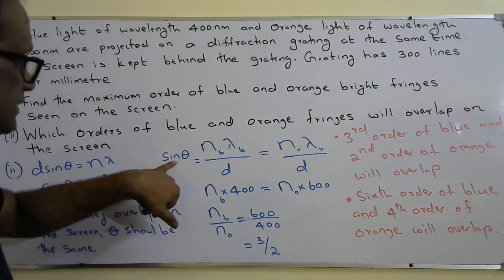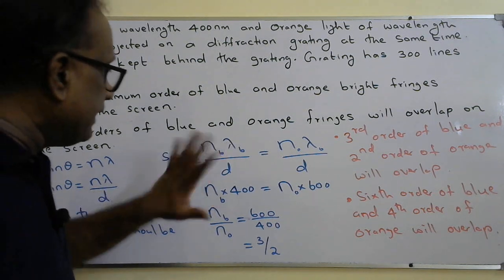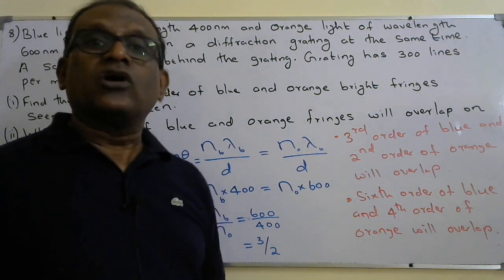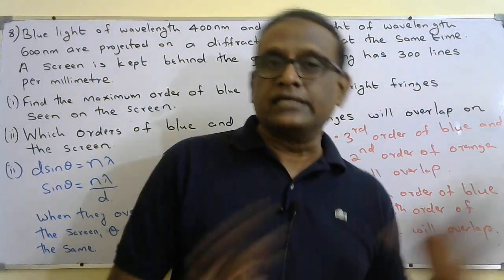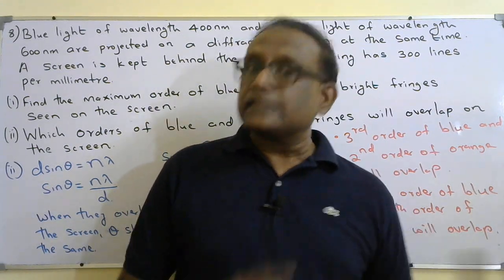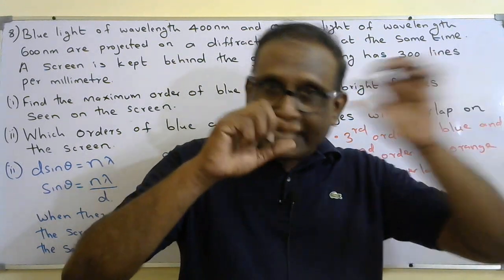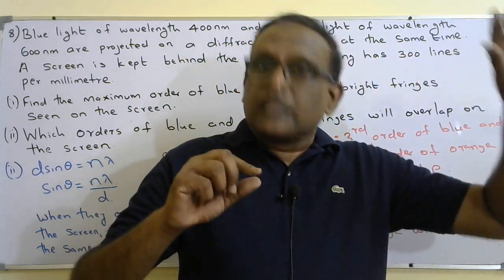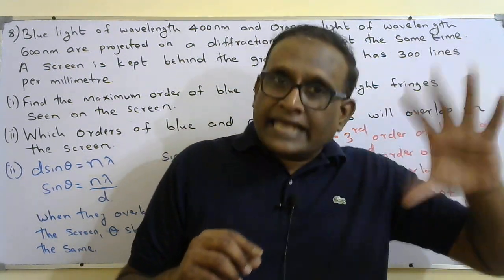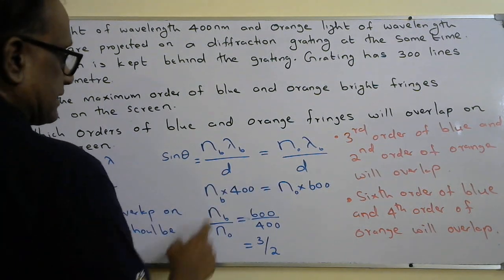So the sine theta for blue should equal that for orange, but they can have different orders of bright bands. They should be physically at the same position on the screen, since tan theta equals x over d. So theta should be the same, then x will be the same. And d and d will get cancelled.